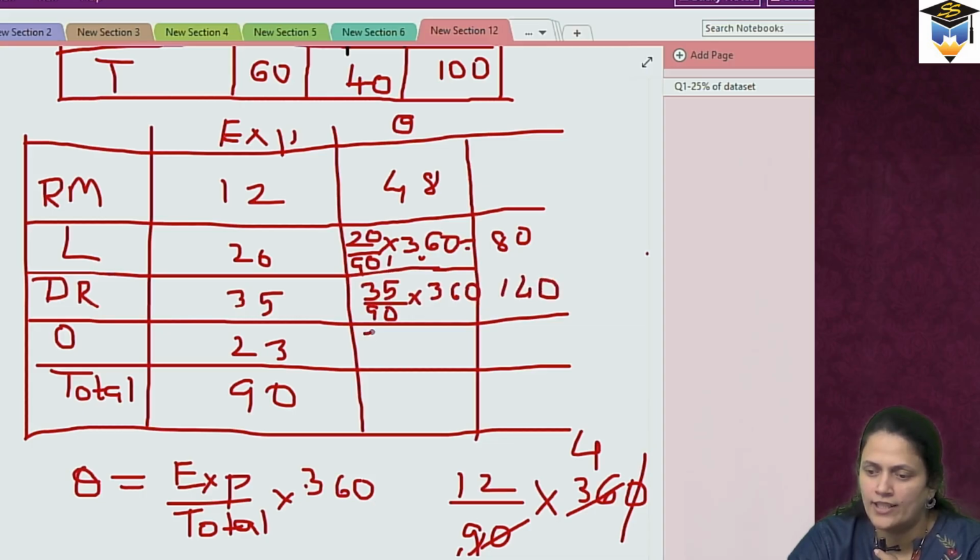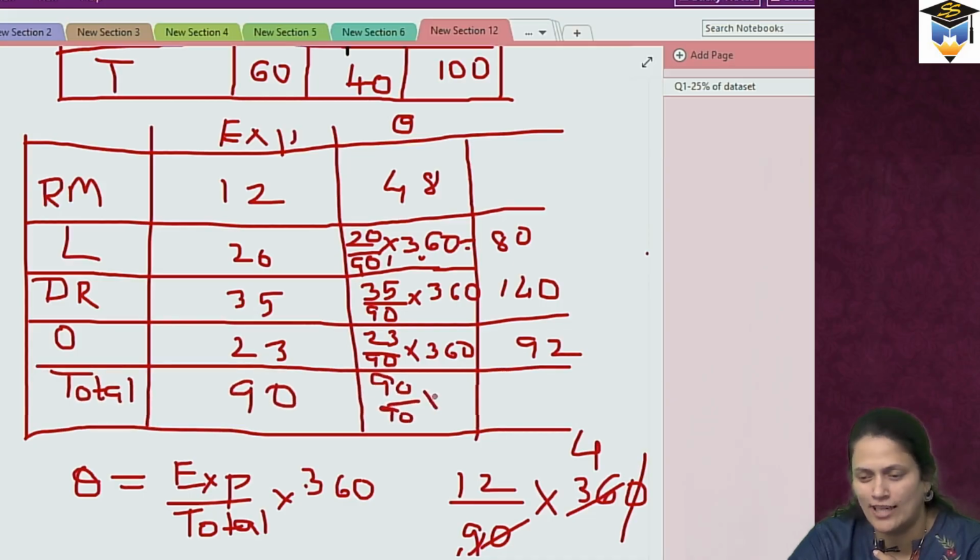Next, 23 upon 90 into 360. 92. Next, 90 upon 90 into 360. So that is going to be 360 itself. Correct?